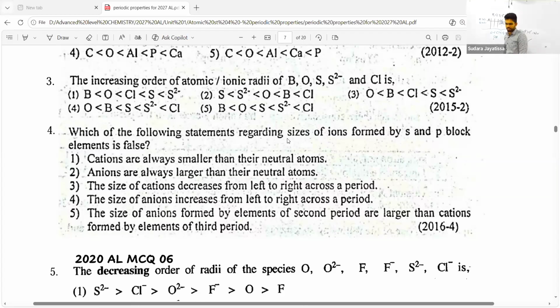Anions formed by elements of the second period are larger than cations formed by elements of the third period. So they are talking about isoelectronic ions. If you connect these two, you can say N3 minus, O2 minus, F minus are larger than sodium plus, magnesium 2 plus, and aluminum 3 plus.